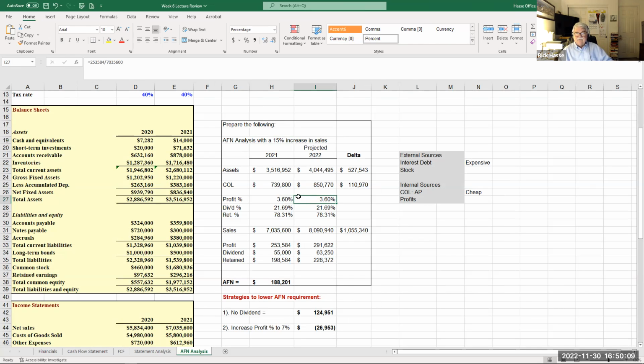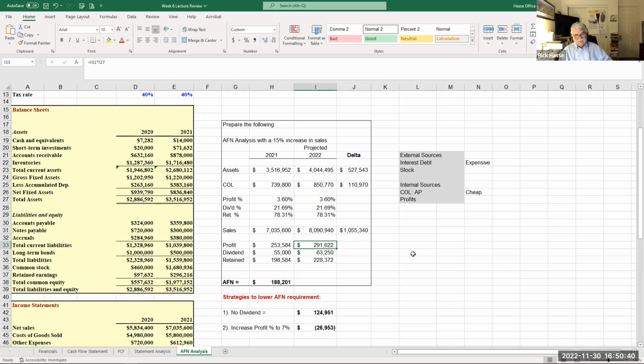Well, if our sales and our profits increase by 15%, here's our sales of 2021. If they increase by 15% per our projections, that means a $1,055,000 increase in our sales. If we take 3.6% of that, we're anticipating a $291,622 profit in 2022 based on those projections.